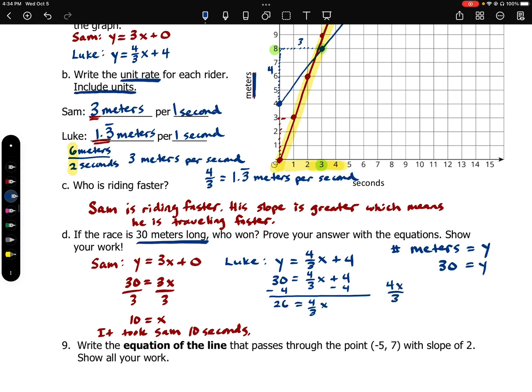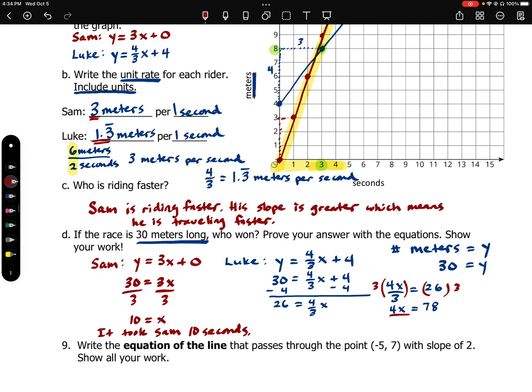4x over 3. You could do this in 2 steps if you're not good with fractions. First thing we would do is get rid of the dividing by 3. So we're going to multiply each side by 3. We'll end up with 4x is equal to 26 times 3, which should be 78.